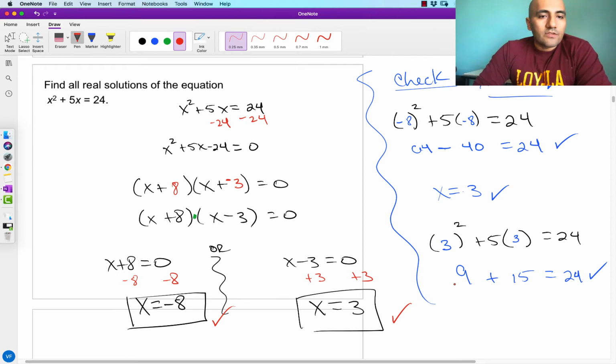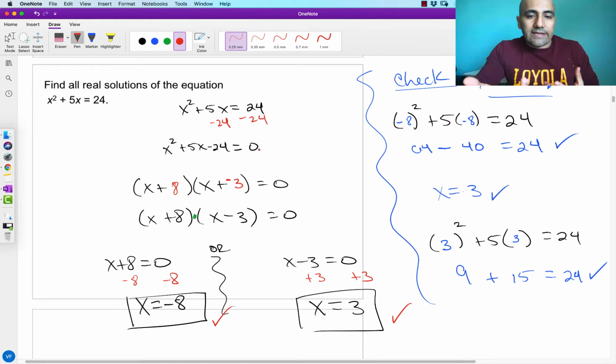Okay, so this is a good example of using the zero product property. We're given a polynomial to solve. Step one is to move everything to one side, so we have the 0, right? Because the zero product property only works when one side equals 0.